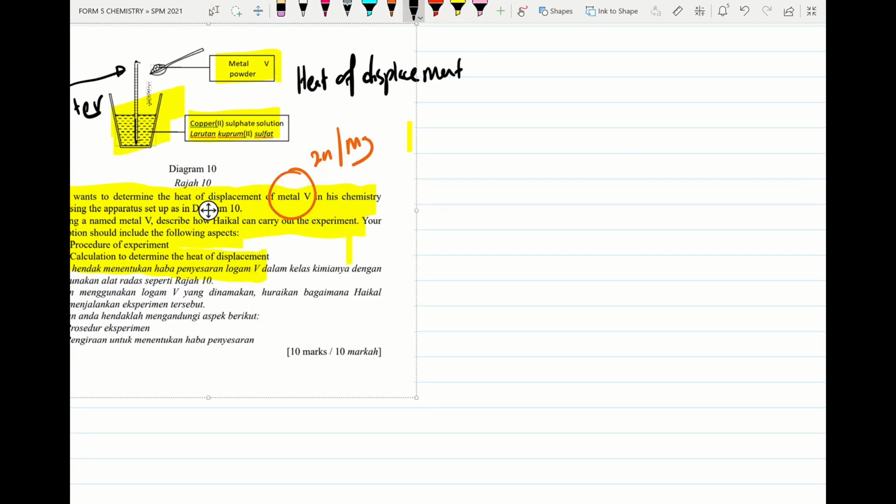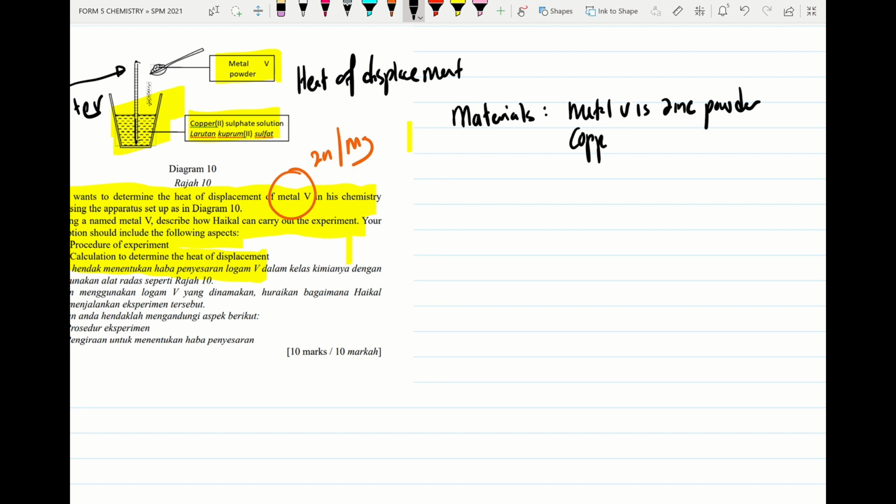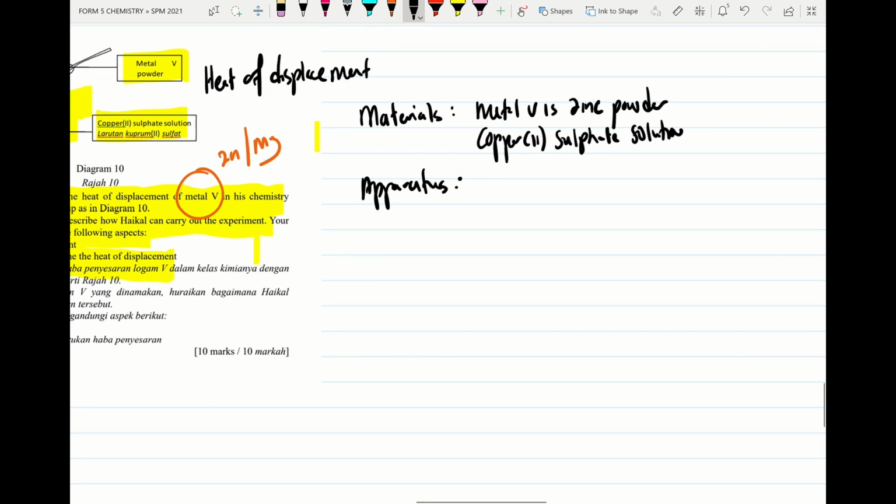So I try to do point number 1. So I try to list out the materials. So the materials will be, I put here, metal V is zinc powder. All right, so next I need copper 2 sulfate solution. All right, so next I'll list out the apparatus needed in this experiment.